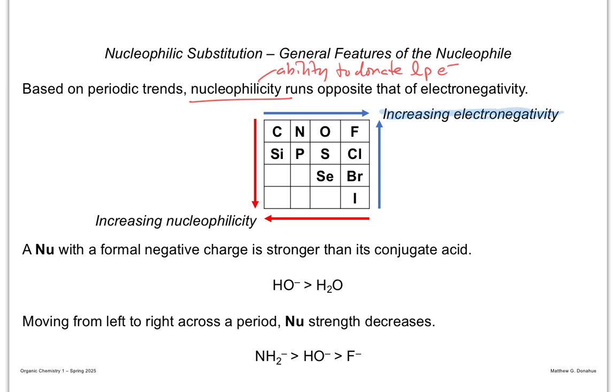So all roads point towards fluorine as being the most electronegative. The red arrow is the opposite. That's nucleophilicity. That's the ability of that atom to donate those electrons and be a better nucleophile.